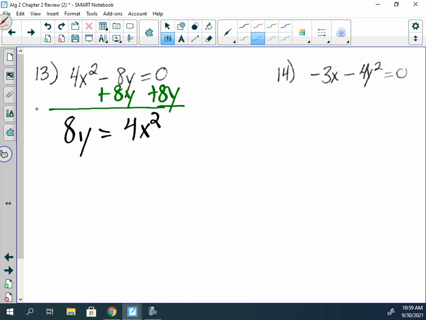And then what would we do next? I put the y on the left-hand side just because it's nicer to have that variable on the left instead of on the right. Now, 4 divided by 8 would reduce to 1/2 x squared.